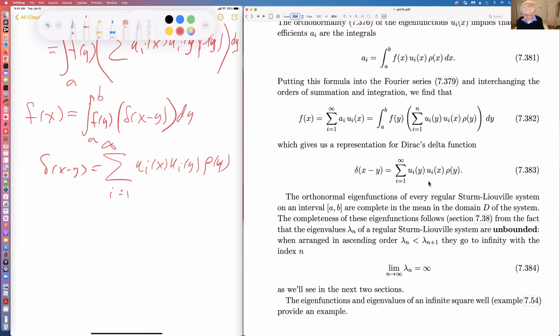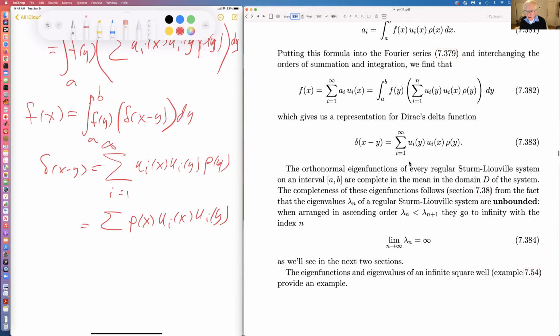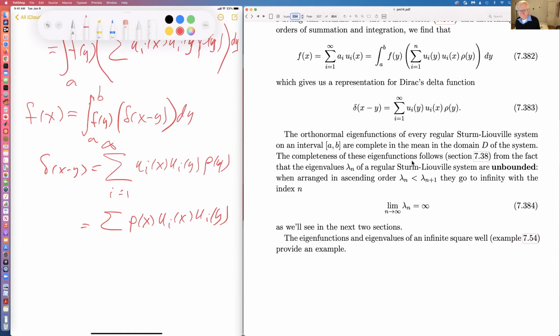And so we could equally well write this as a sum with rho of x, u_i of x, u_i of y, or any combination of them. In other words, the orthonormal eigenfunctions of every SL system on an interval are complete in the mean in the domain of the system. Well, I'm just making that as a statement.